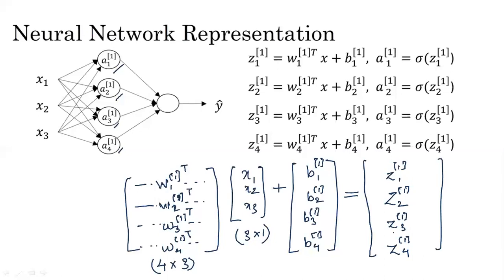Also, we can represent this whole vector Z11, Z12 as Z1, because we are representing the input feature vector X1, X2, X3 as X. In the same way, we can represent this vector Z11, Z12, Z13, Z14 as Z1.